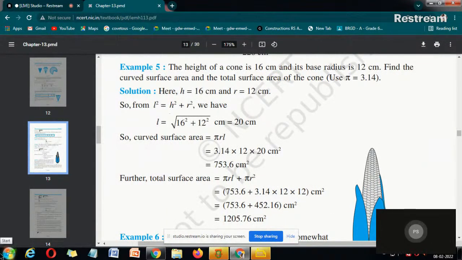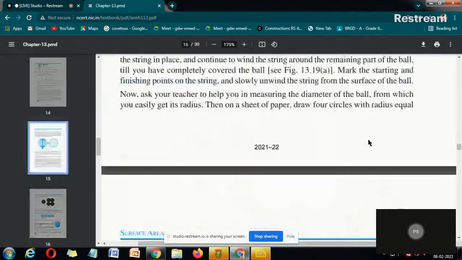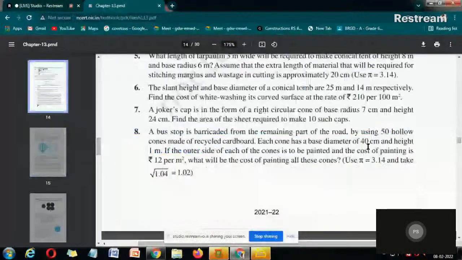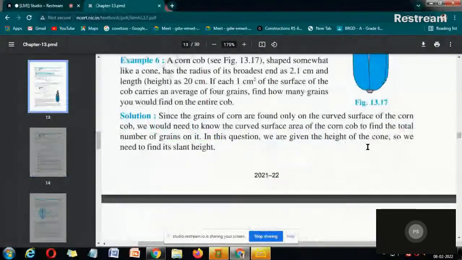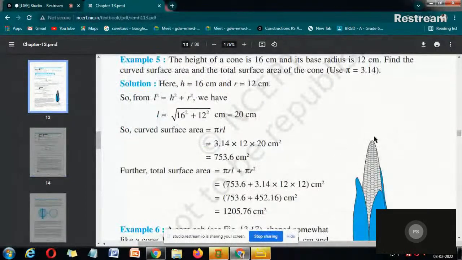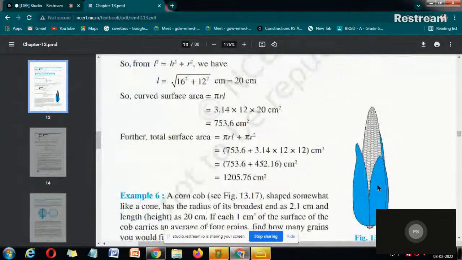For example, I took a pen. It will only be at the side. It won't be at the top nor bottom. So this is what curved surface area actually means. Curved surface area means, leaving the top and the bottom, only the covering of all the other sides.